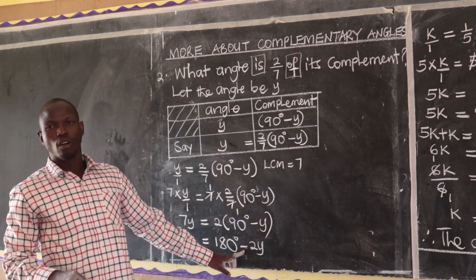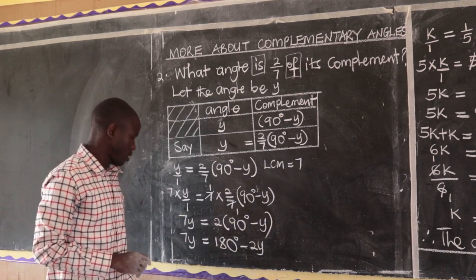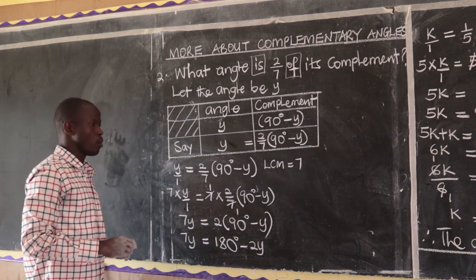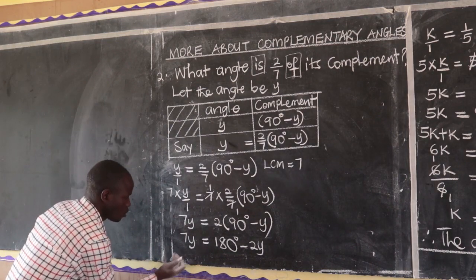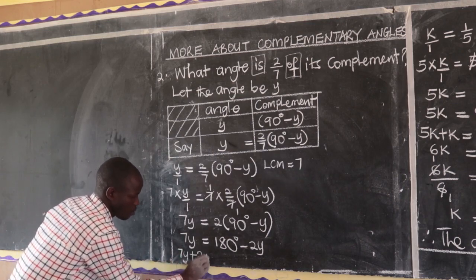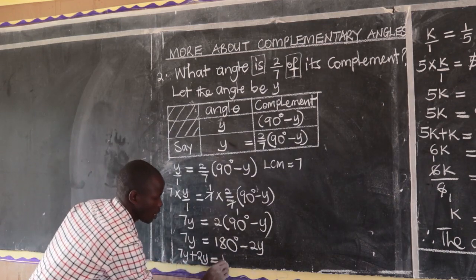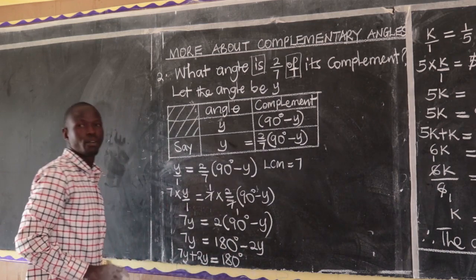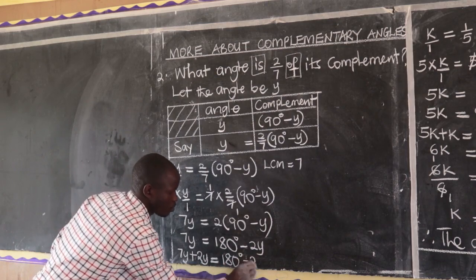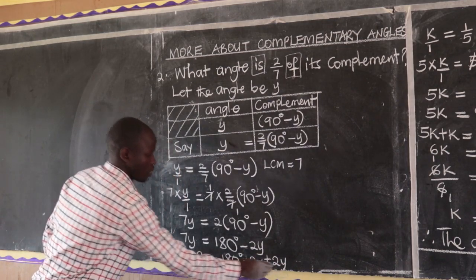The additive inverse of negative 2y is positive 2y. So we use that additive inverse to collect like terms, which would be 7y plus 2y is equal to 180 degrees minus 2y plus 2y.